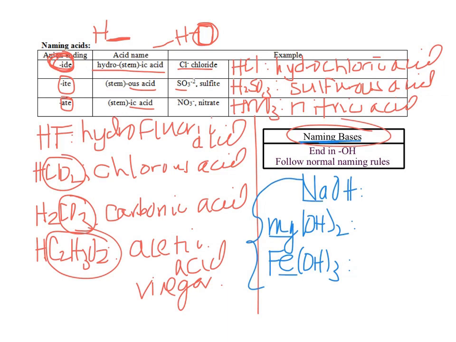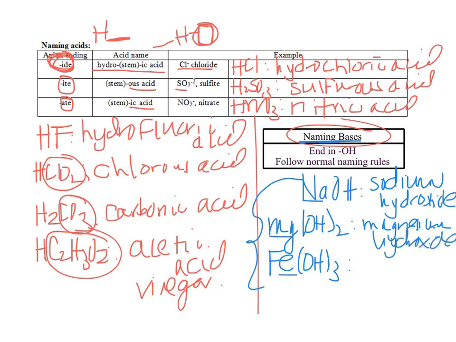So this first base would be sodium, and does not need Roman numerals. And then OH is a polyatomic group called hydroxide on the back of your periodic table. Mg(OH)2 is magnesium hydroxide.